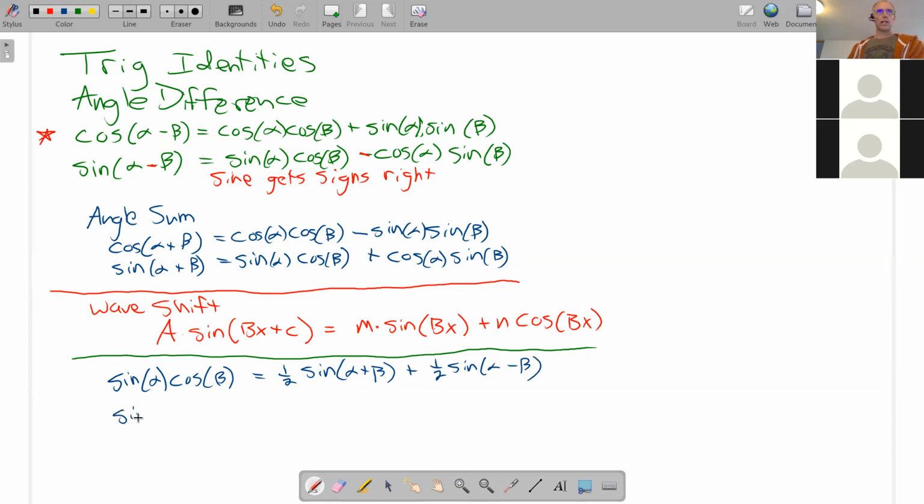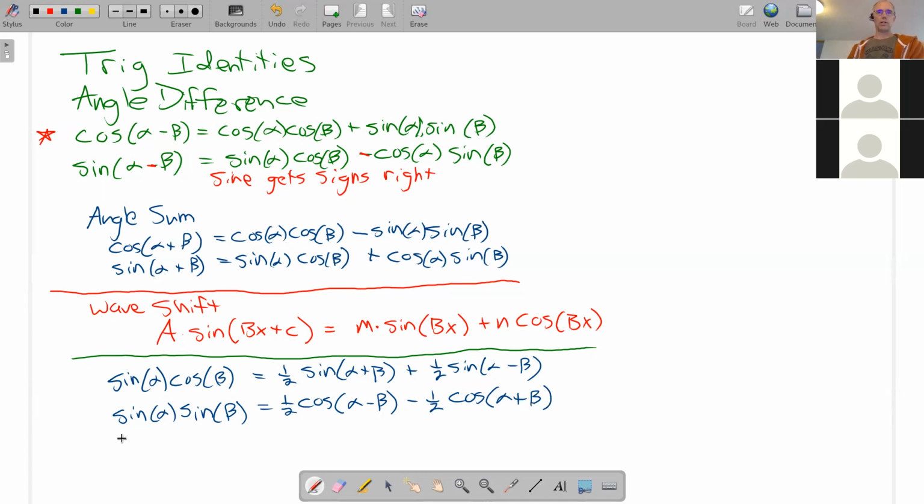If we had the sine of alpha times the sine of beta, that would be 1/2 cosine alpha minus beta minus 1/2 cosine of alpha plus beta.